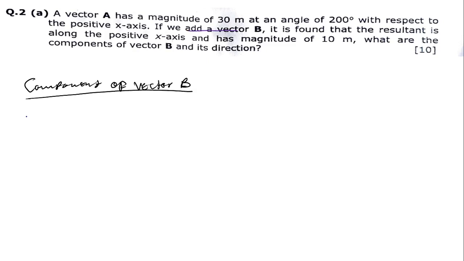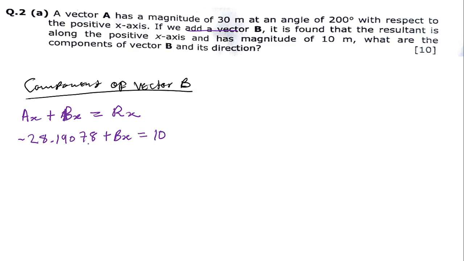One thing that we have to understand from the question is that there was addition of vectors. So Ax plus Bx should give us Rx. We found that Ax was negative 28.19078, plus Bx is equal to Rx, which we found to be 10.